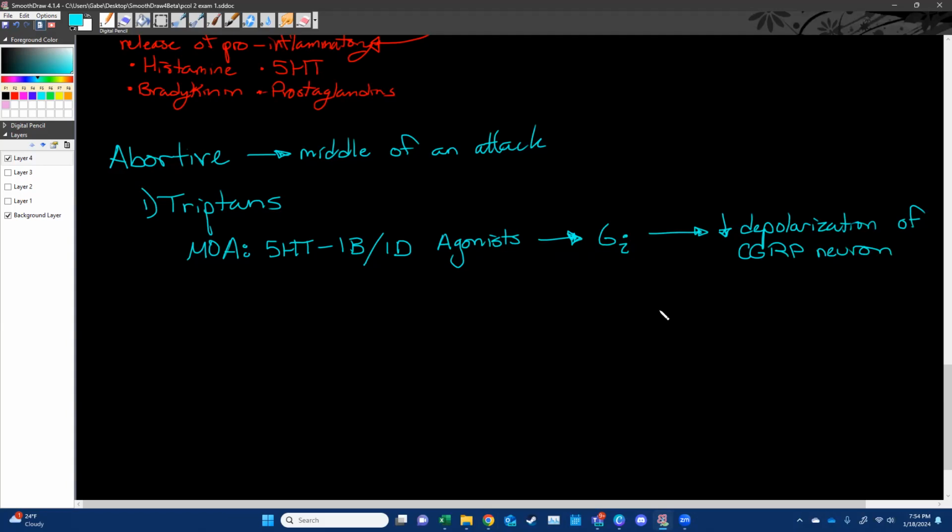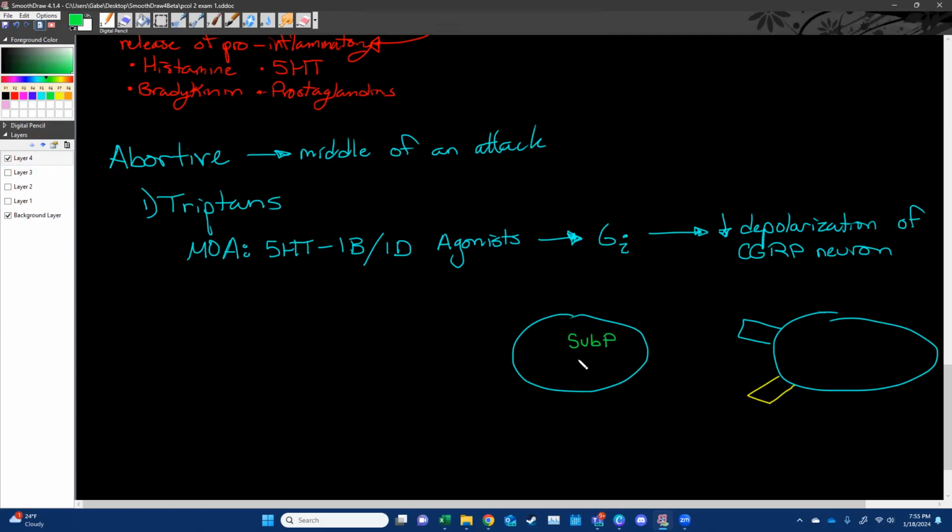What do I mean by that? What I mean is that when we look at the nerve that releases substance P or releases CGRP, these compounds are going to come out and they are going to bind to the CGRP receptor, right?